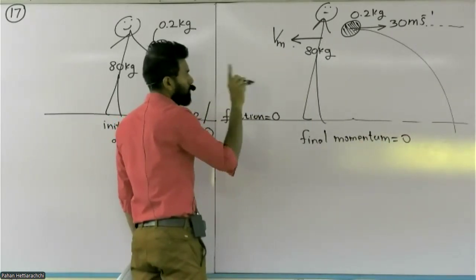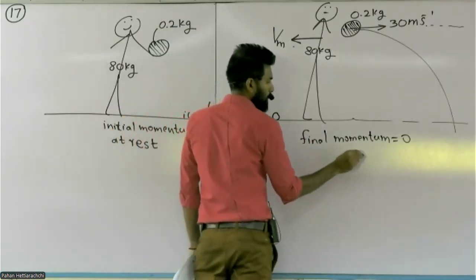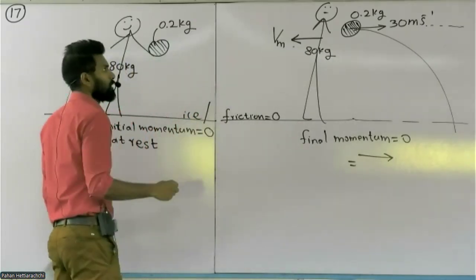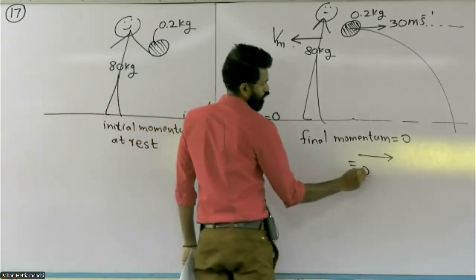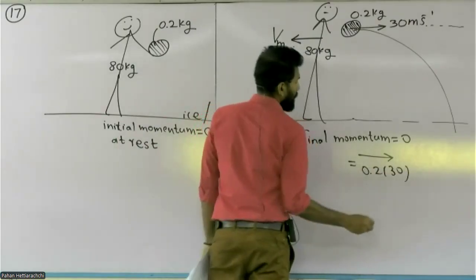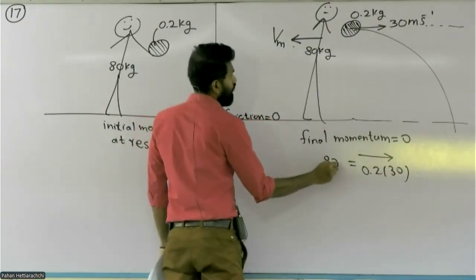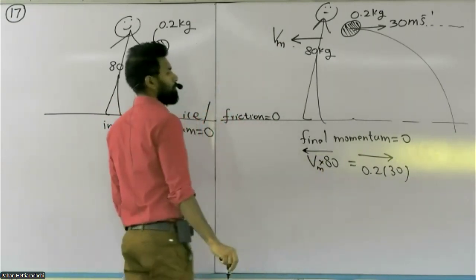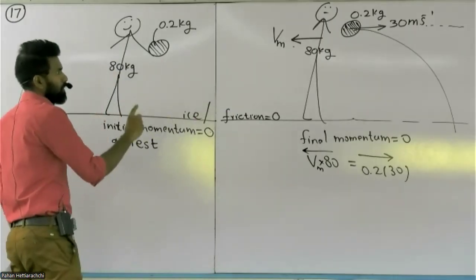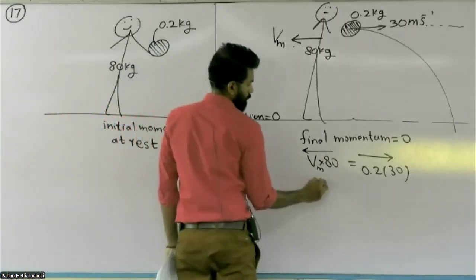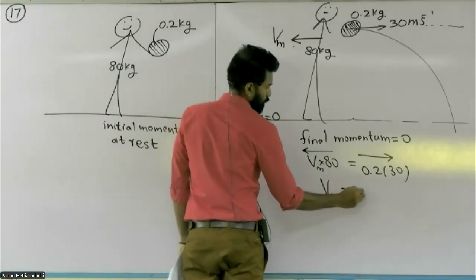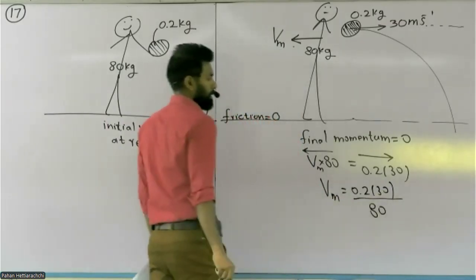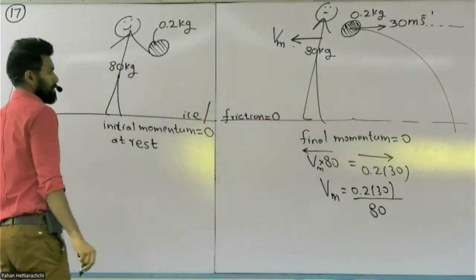For the final momentum to become zero, the momenta related to each object should cancel out each other. 0.2 into 30 should cancel out with 80 into Vm. So Vm is equal to 0.2 times 30 over 80.